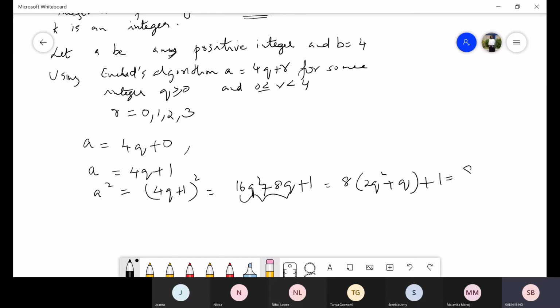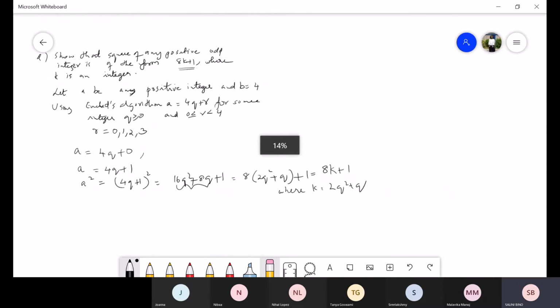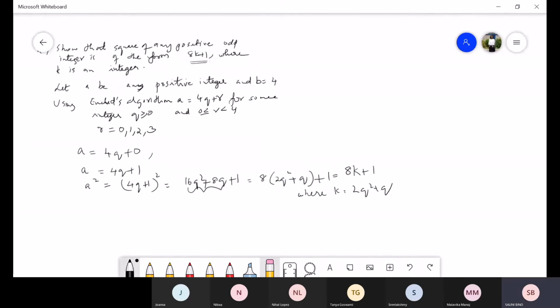And this you can write as 8K plus 1, where K equal to 2Q square plus Q. Instead of M, they have given K, that's it. So we got A square written in the form 8K plus 1.